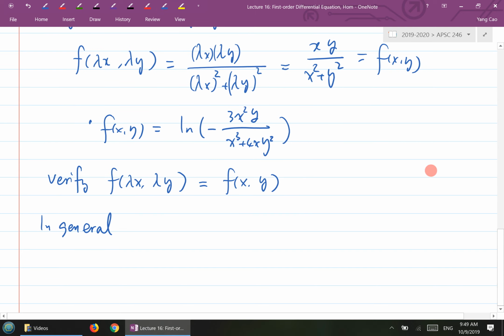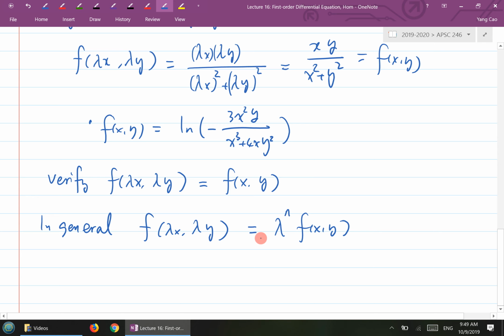But in general, when you replace x and y with lambda x, lambda y, you could have a general case like this. So you can take the lambda as a power term, lambda to the power of n. It depends on the actual function f. n can be 0, can be 1, can be 2.